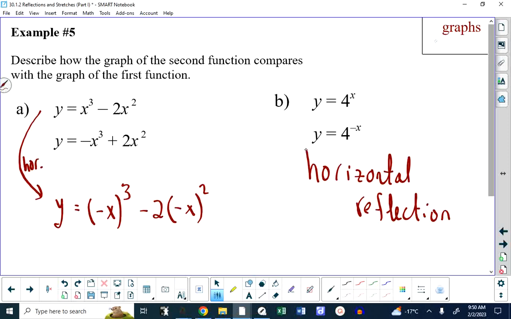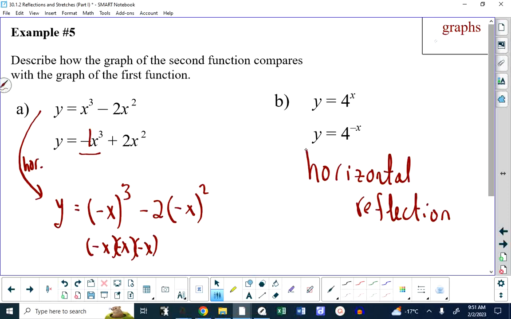I'm saying if it were horizontal, that would be what we would get. Do we get negative x cubed? Yes. Because negative x quantity cubed is the same as negative 1 times x cubed, because this is negative x times negative x times negative x, and 3 negatives multiplied together give you the negative 1, and then the x cubed is there.